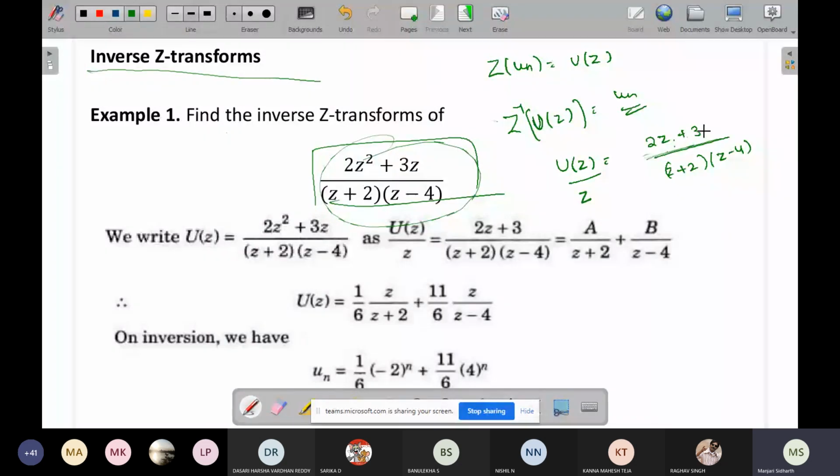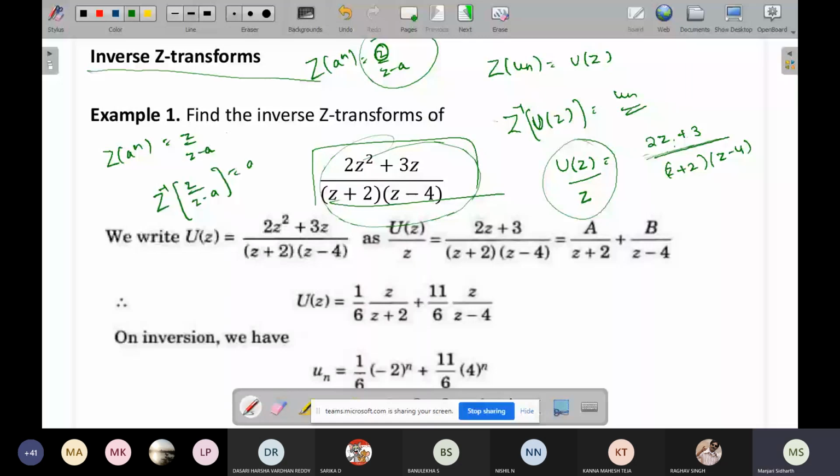We are just saving one Z, because in every formula, like Z transform of A power n is Z over Z minus A, it will be multiplied back after partial fractions, and you will have the Z in the numerator to use the inverse Z transform. So inverse Z transform of Z over Z minus A will be A power n. This Z should be there when we take the inverse Z transform, so we are just keeping one Z safely.